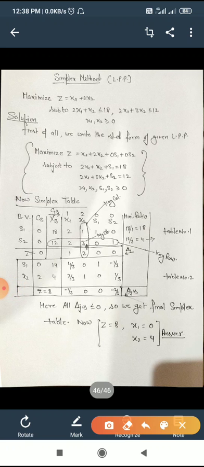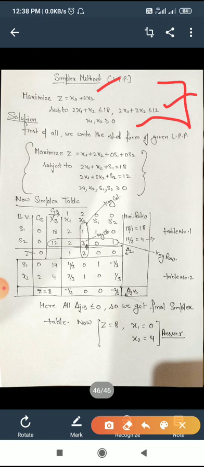First of all, we have a mathematical model of an LPP, a linear programming problem, in which the objective function is maximize z = x1 + 2x2, subject to constraints, meaning restrictions, conditions, inequalities, inequations, we can say any one.